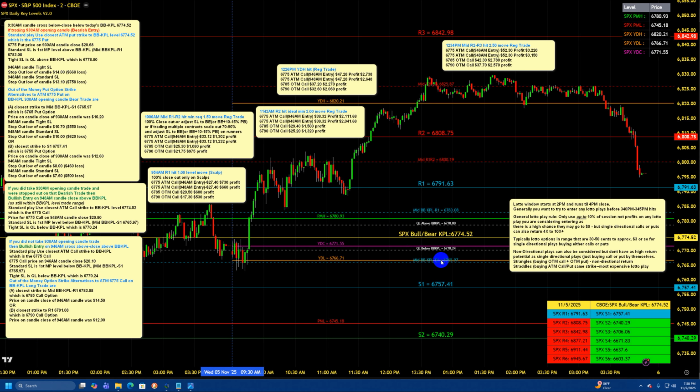What is the furthest strike that we can consider using on a bearish trade from this level? Well, we look in the direction that we're trading, which on a bearish play is down, and that would be one level away. So your first out of the money you can consider is a half level in a direction, and the furthest out of the money strike you can consider is the strike closest to the one full level away.